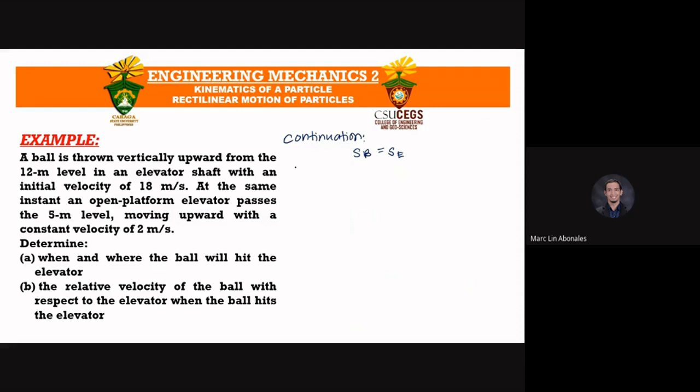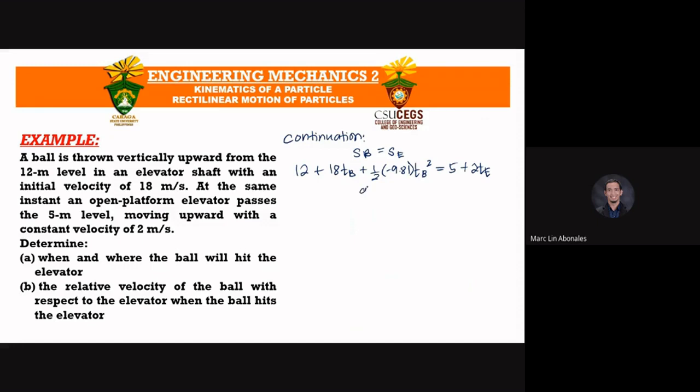So that would be 12 plus 18 TB plus 1 half negative 9.81 TB squared is equal to 5 plus 2 TE. So ang problem na to is ang time, TB and the TE. But since it will meet, since mag-meet man sila ang ball and elevator, so ang time na to ani, which is the TB and TE, are also equal.